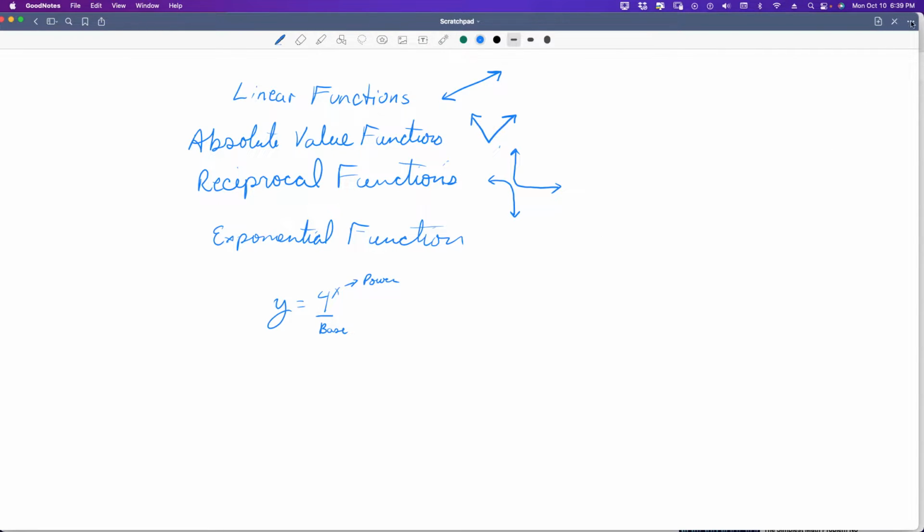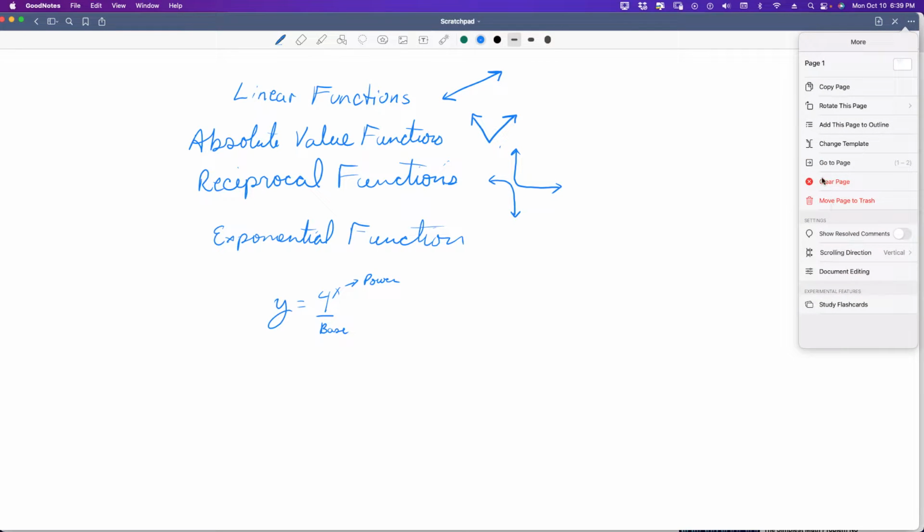So let's jump in and see if we can figure out the shape of the exponential function and what properties it might have. In looking at 23.1, we've been given a function y is equal to 2 to the x power.